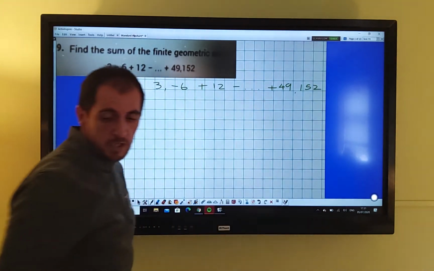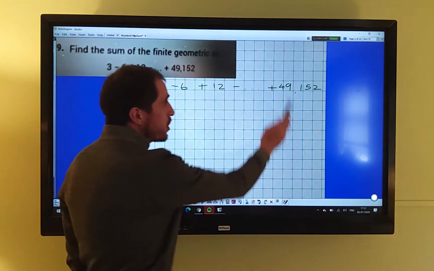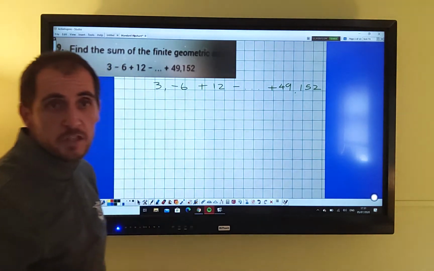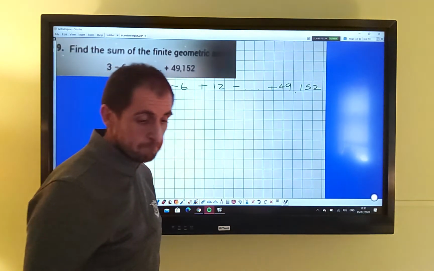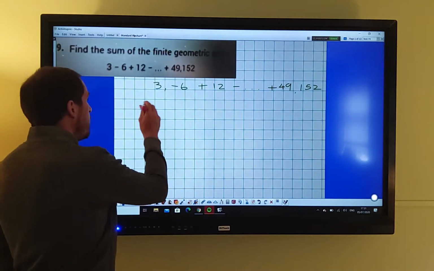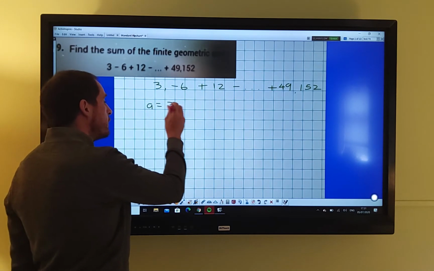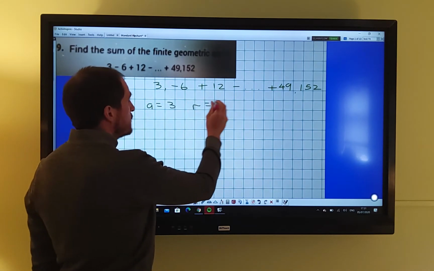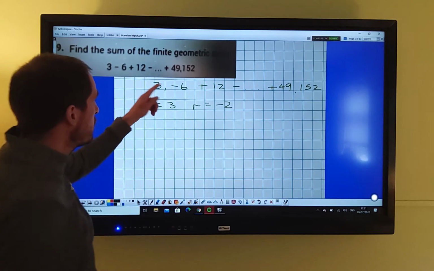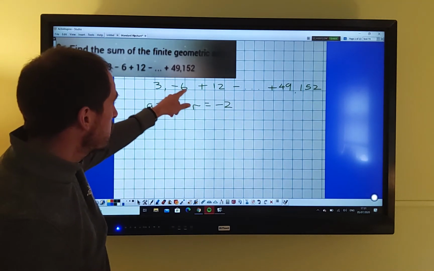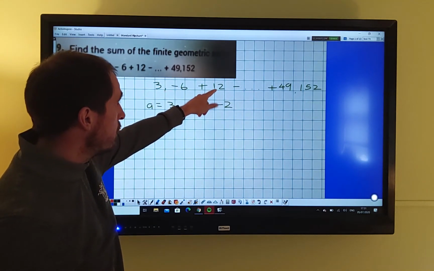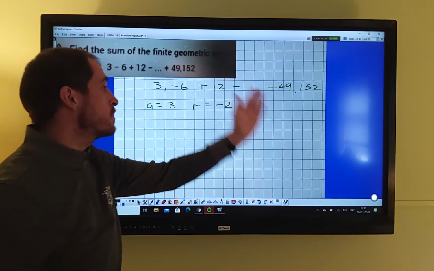What we need to do is work out, first of all, what term this is equal to, and then the sum of that amount of terms. To start off, a is equal to 3, and the ratio is equal to minus 2, because 3 times minus 2 is minus 6, minus 6 times minus 2 is 12, 12 times minus 2 is minus 24, and so on.